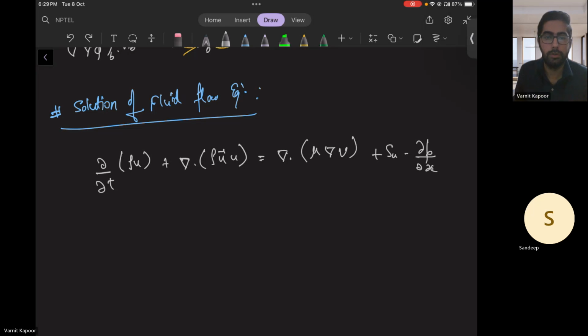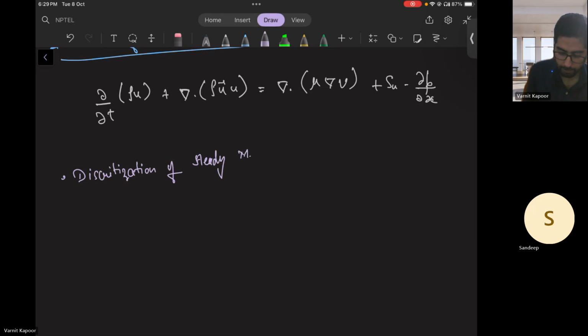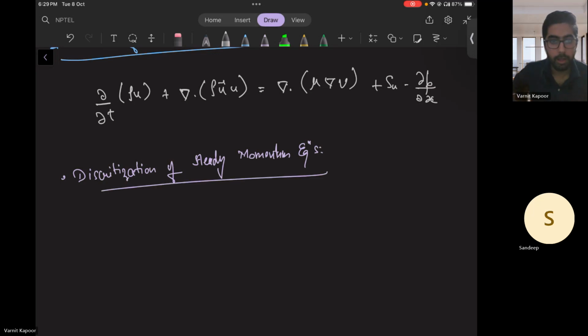So let me write the discretization of steady momentum equations. So we assume that flow is steady, incompressible, and Newtonian.